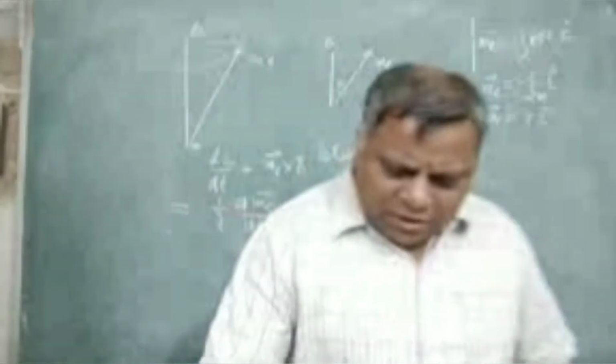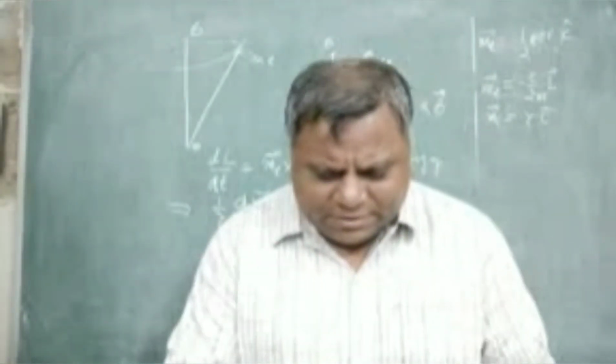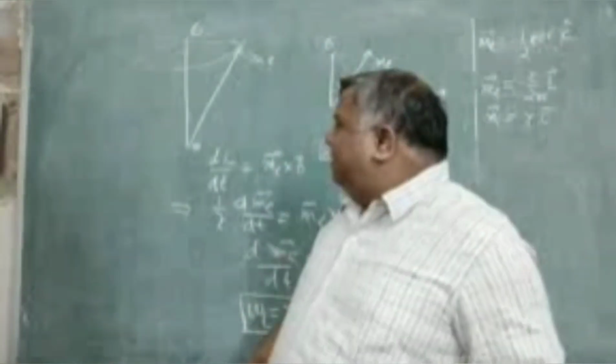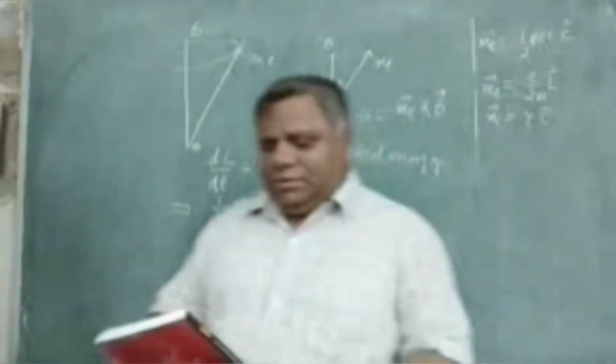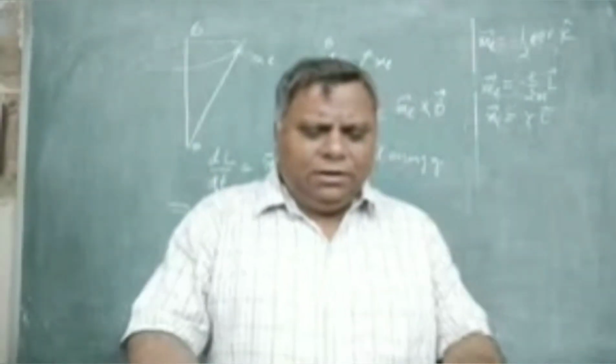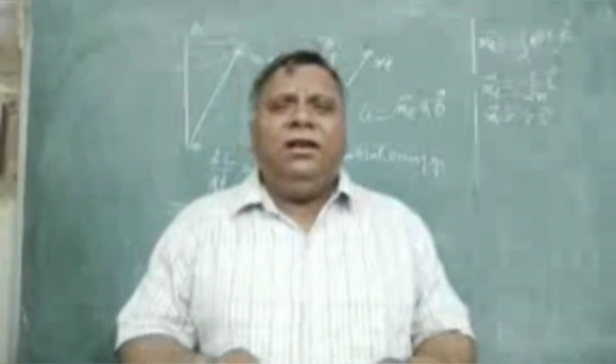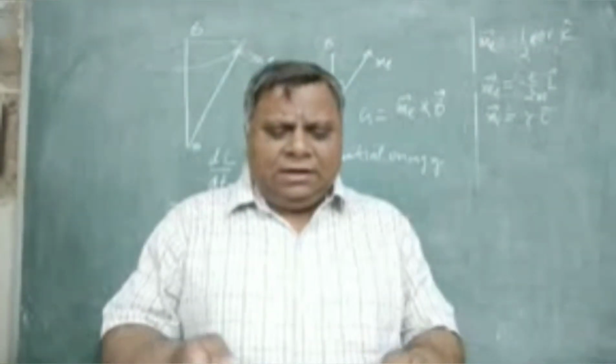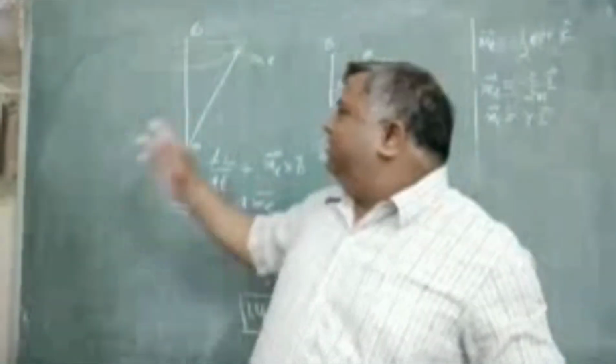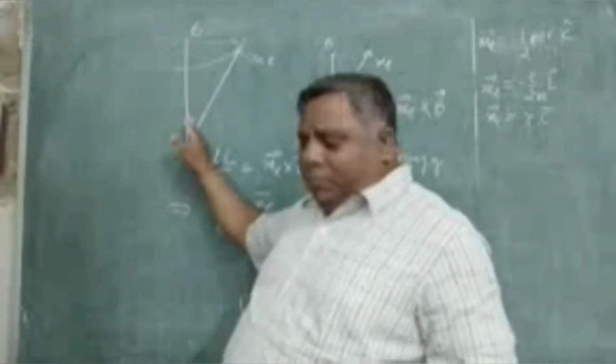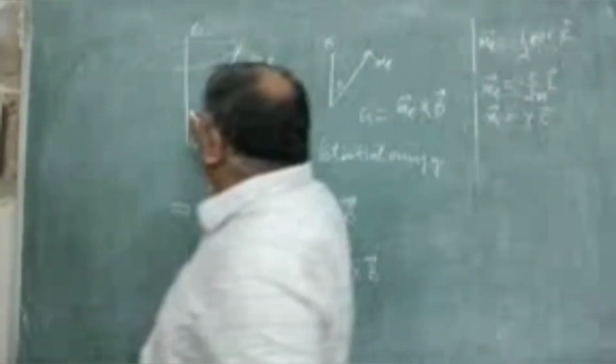So the effect of this magnetic field on ml is such that it rotates about B, keeping this angle theta constant.